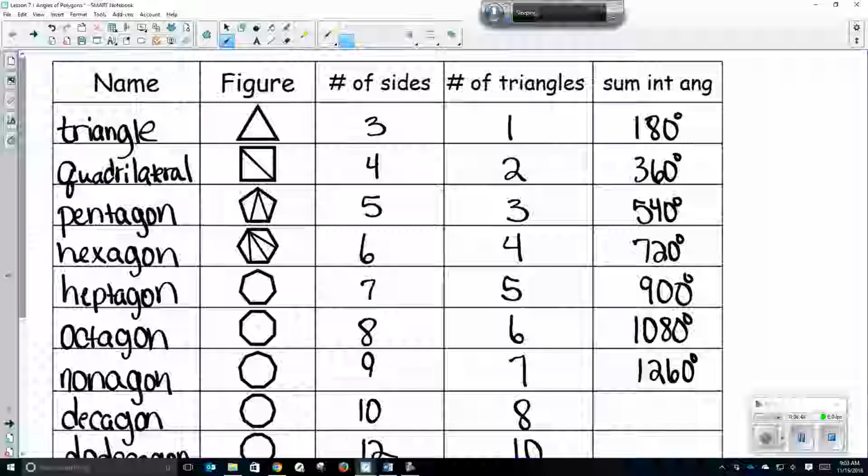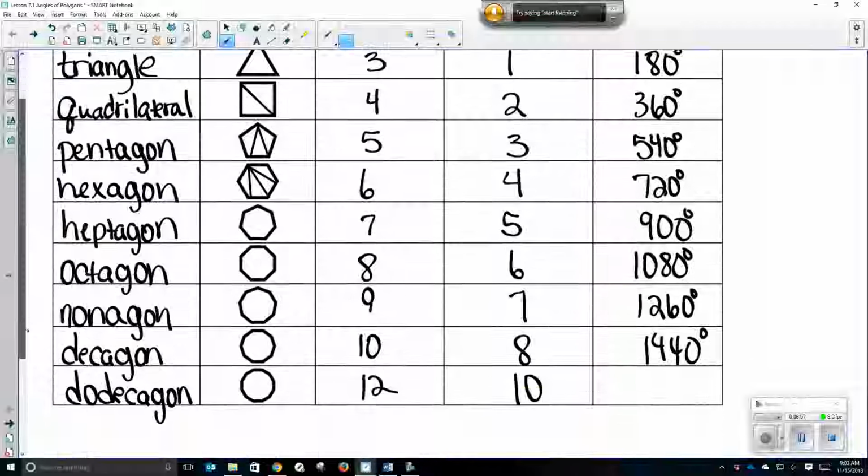Okay, another one would be, is it 1800? Yeah. 10 times 180.